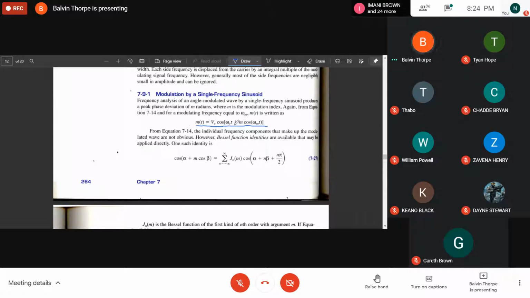How much the carrier will change from its original position to where the modulating signal is going to take it is directly proportional to, in this case, M, which is going to be the deviation factor. So let's say that this is a carrier frequency, FC.